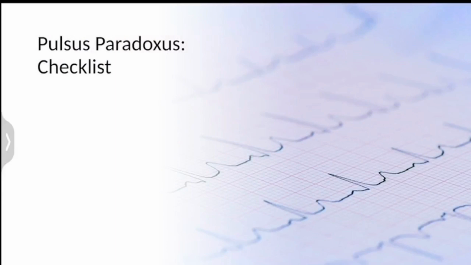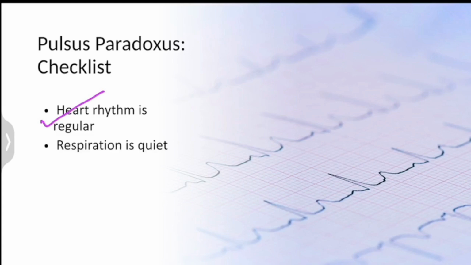First and foremost, the heart should be in regular rhythm. If it is irregular rhythm, atrial fibrillation, the measurement will be wrong. Second, the patient should be breathing quietly, with normal quiet respiration rather than deep inspiration and deep expiration. Third, the BP cuff should be inflated longer than usual.